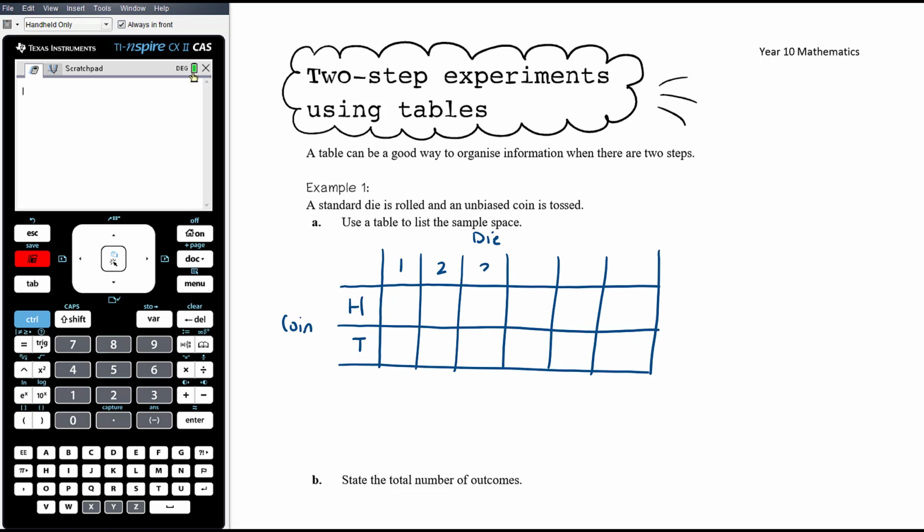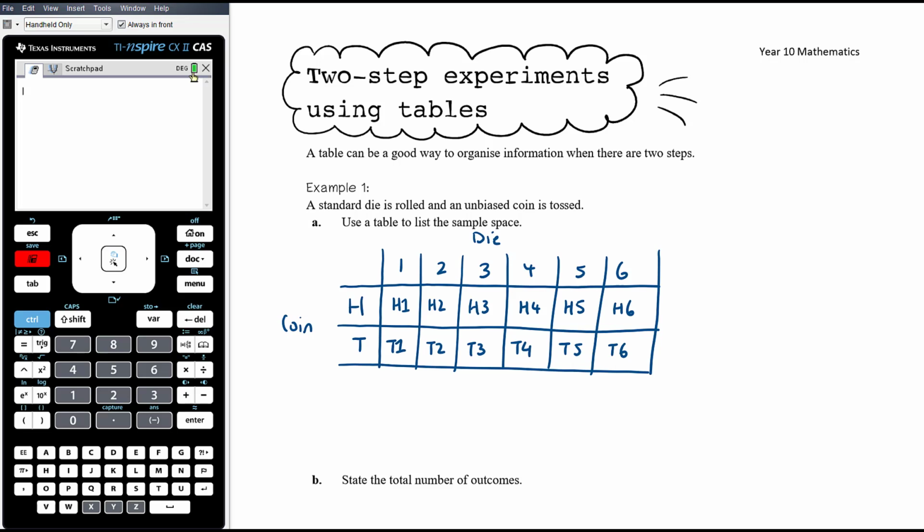So we go 1, 2, 3, 4, 5, or 6. Which means that the sample space is head 1, head 2, head 3, head 4. You could write 4 head, it doesn't matter, just some consistency though. Head 5, head 6, tail 1, tail 2, tail 3, tail 4, tail 5, and tail 6.